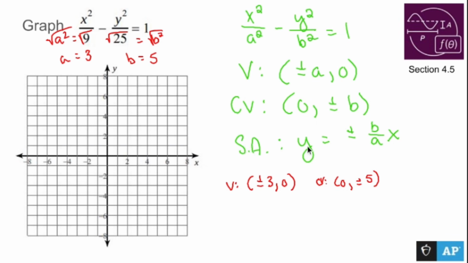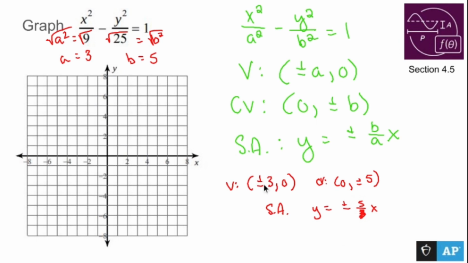Now that I know what my a and what my b are, that gives me slant asymptotes at y equals plus or minus b over a, which is 5 over 3 x.